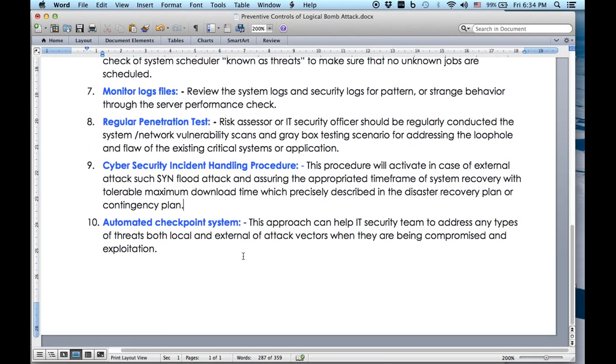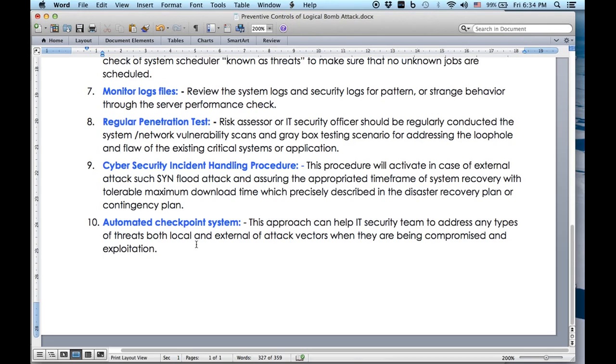So the last mechanism is an automated checkpoint system. This is also preventive or detective against logic bomb attacks, where the fraudster attempts to compromise and execute the threat without proper validation process within the IT security environment.